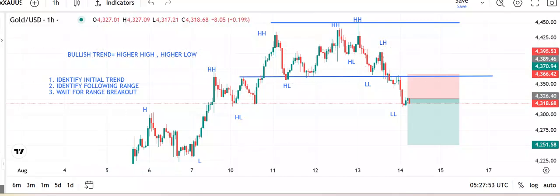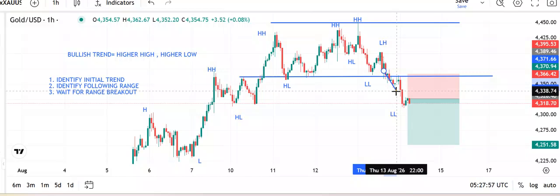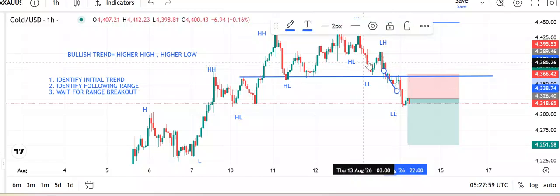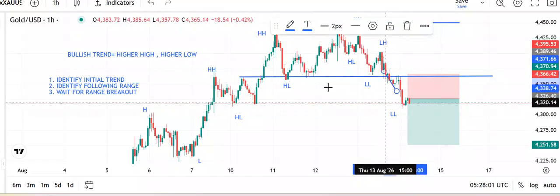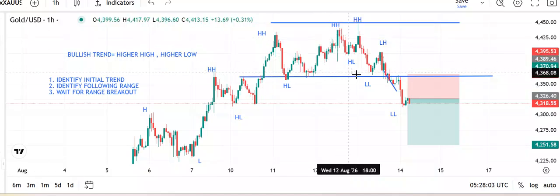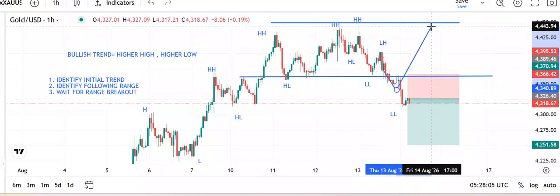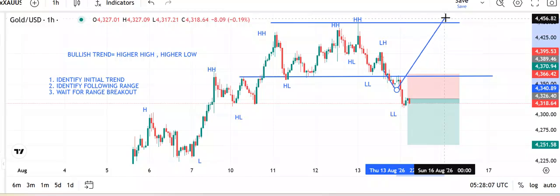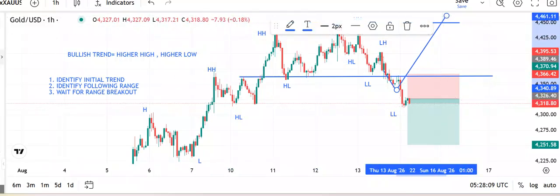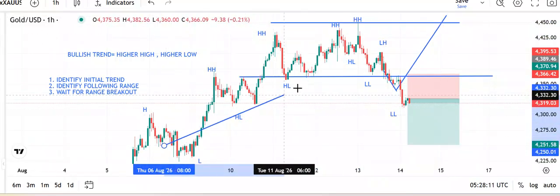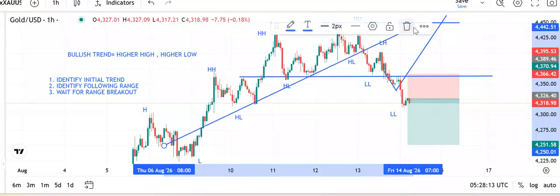But don't get it twisted. You might see a breakout expecting that you have started a bearish trend. The price might surprise you and continue in the direction of the previous trend, which is the bullish trend.